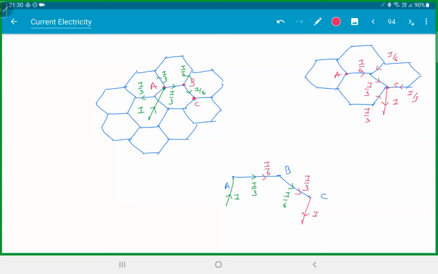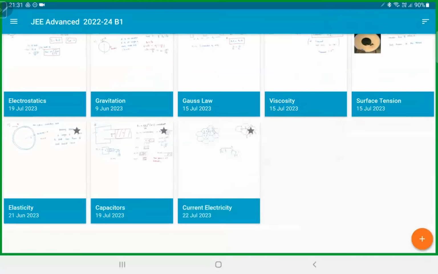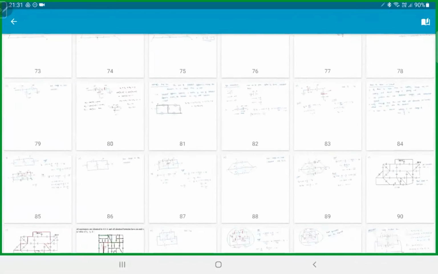Isn't that what you're supposed to do? Superposition. If you send only current I, see what is the current in the branches. If you pull current I, see what is the current in the branches. If you do both of them together, the currents will add up. Isn't that what we did in capacitors ka infinite grid?